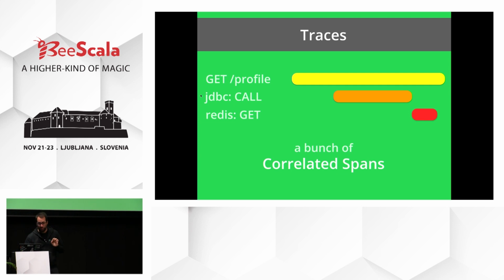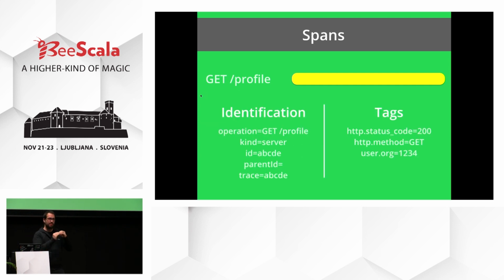And if you look at each one of those spans, it's just a description of something that happened in your app. This description has two sides of data. One is identification, which is mandatory, because each span tells you: this is what I'm doing, I am a server operation, I am a child of this other operation right here, and I belong to a trace named 1234.